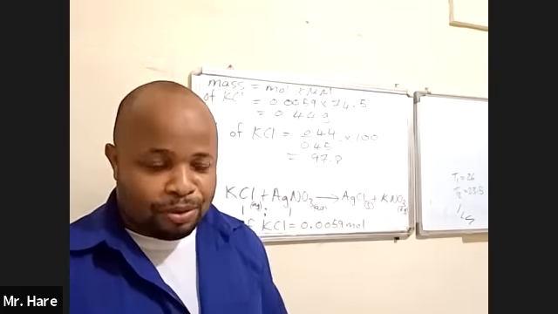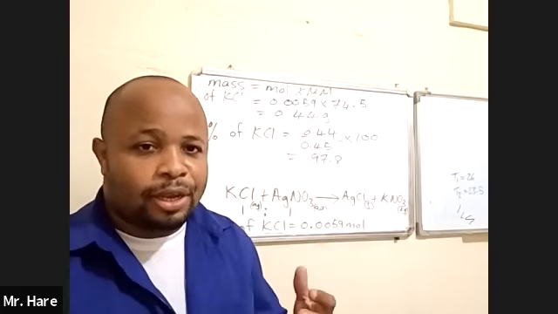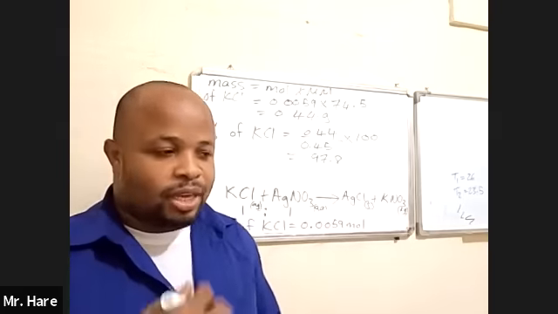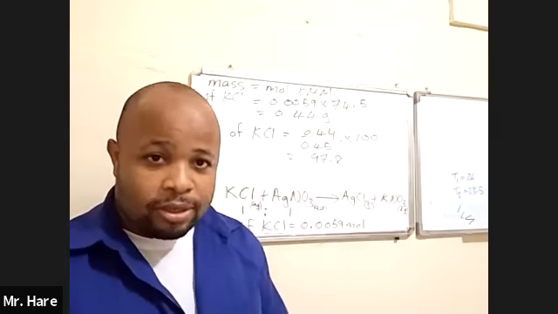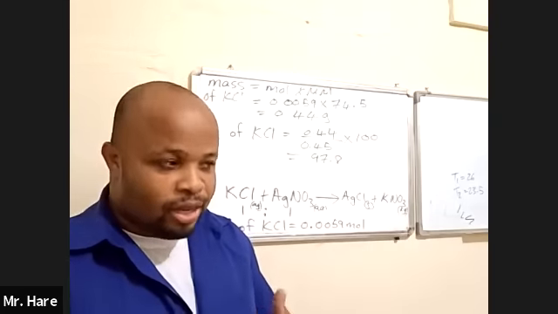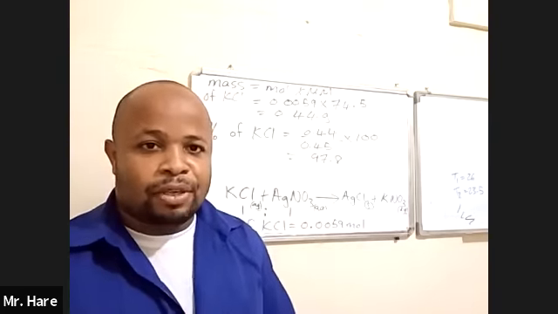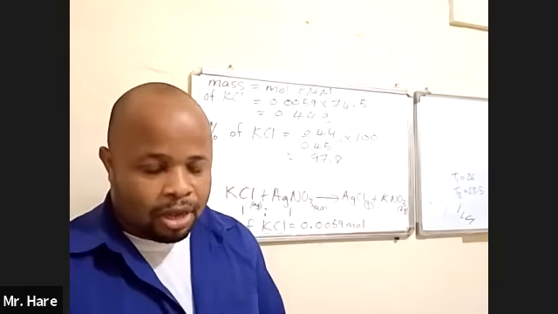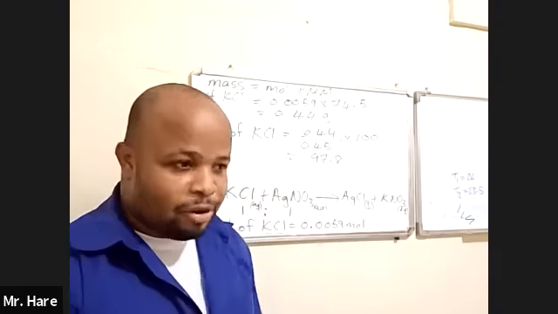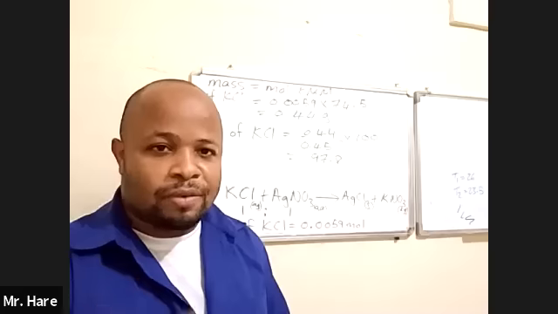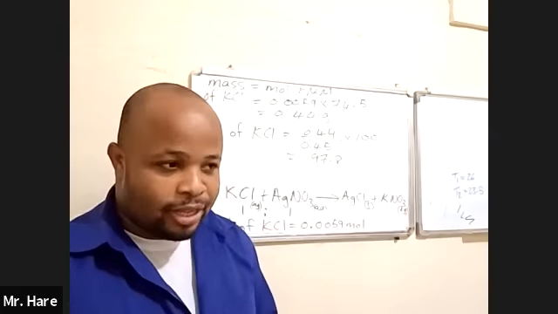To figure it out, we use an indicator. The indicator changes color to let us know when the acid and the base have neutralized each other.